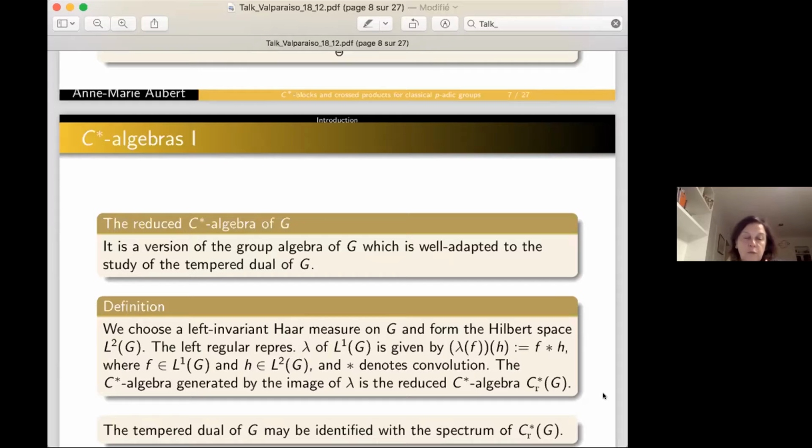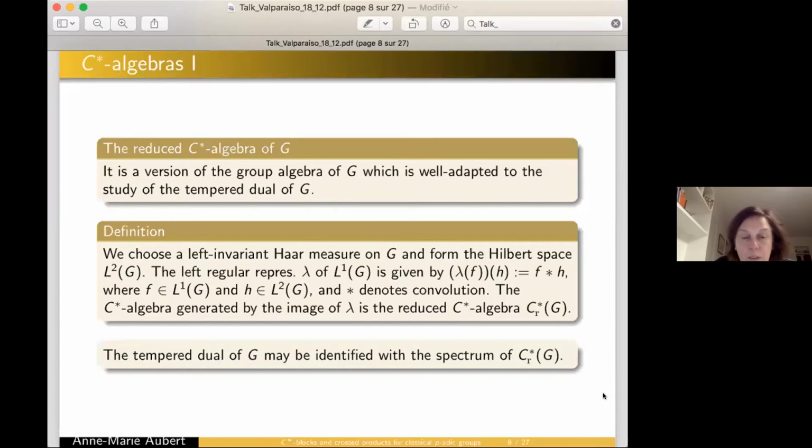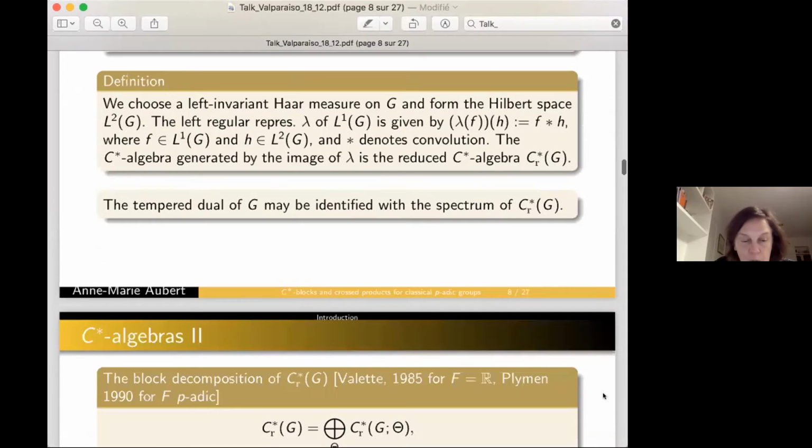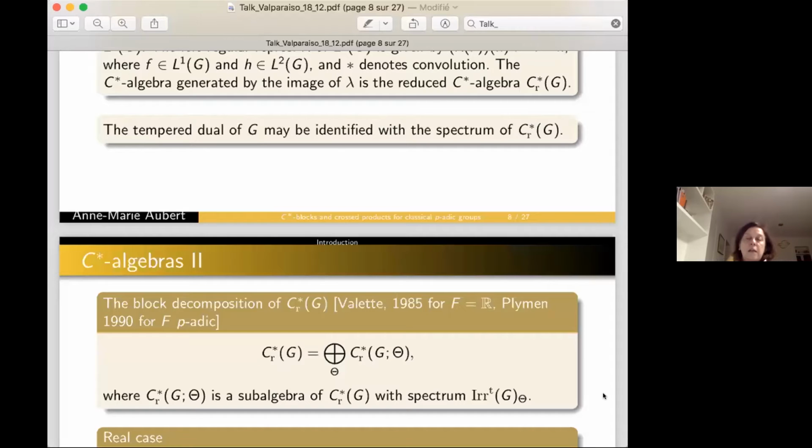So it's a way to pass from the study of the tempered dual of the group G to the study of the spectrum of this C-star algebra. It's pretty much analogous to what we have for smooth representations. And then for real groups, in 1985, Alain Valette gave a decomposition of this algebra as a direct sum of sub-C-star algebras, such that each of them is attached to an inertial component theta.